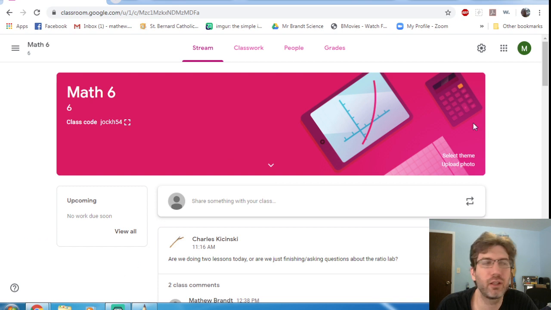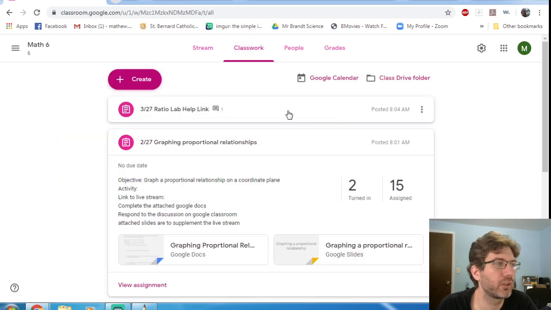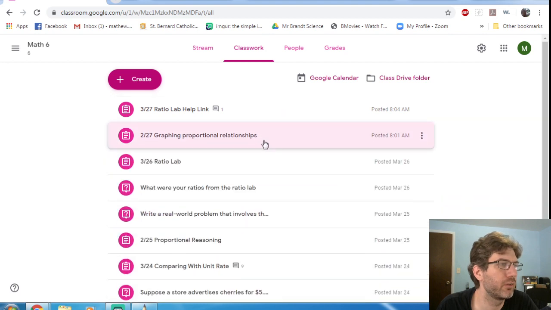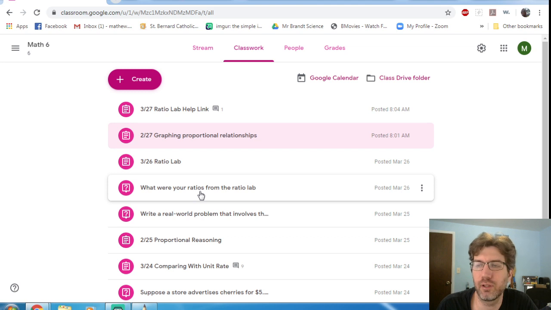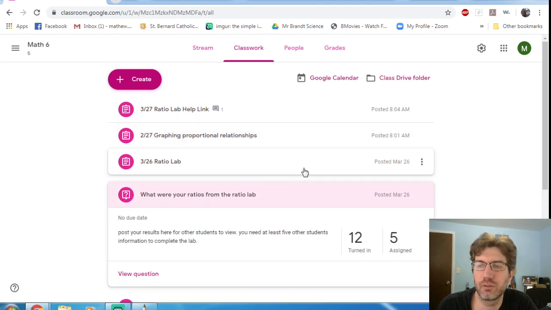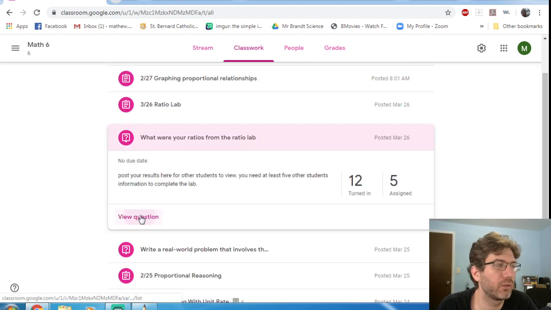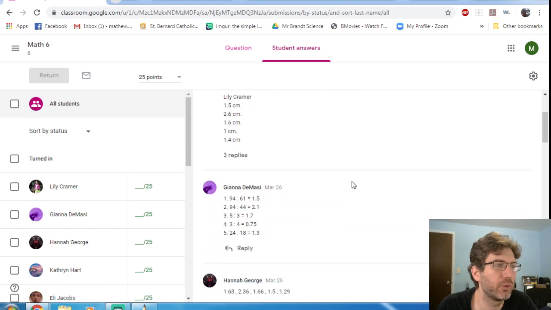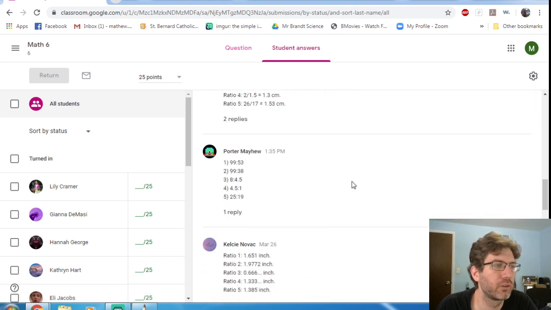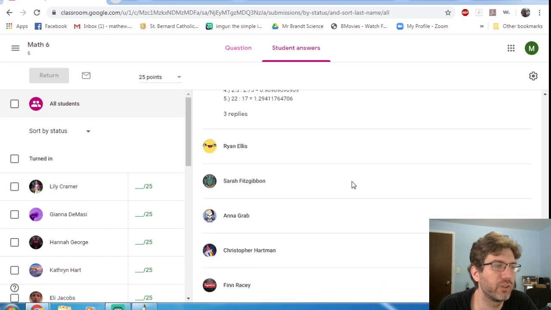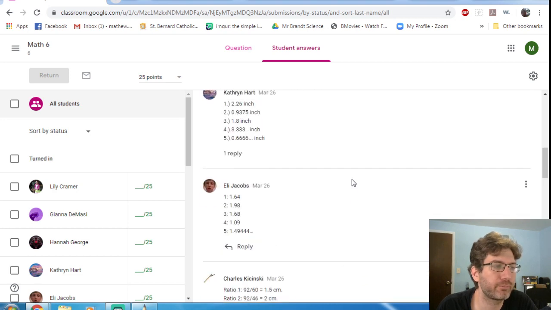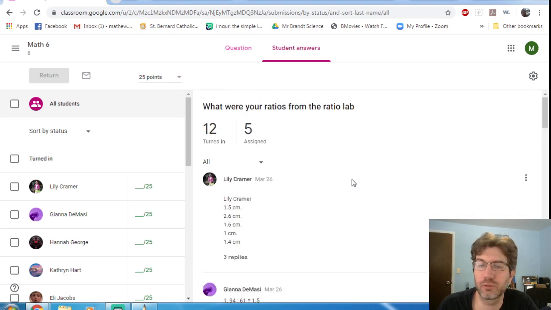Go back into the classroom, you're going to click on classwork, and you're going to find your discussion question. What were your ratios from the lab? You're going to go here, and then you're going to go to view question, and you'll see everybody's response. And all you need to do is pick 5 people's and post your own.